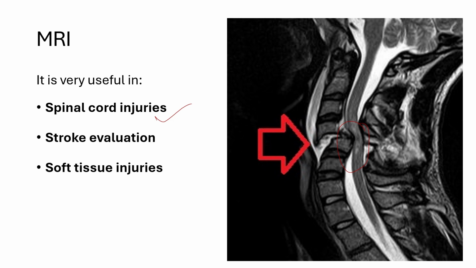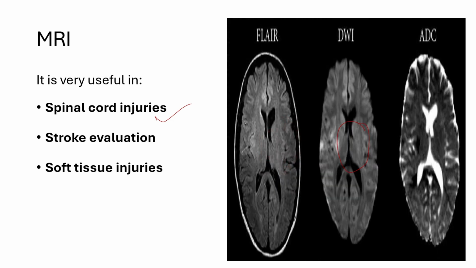In stroke evaluation, in hyperacute and acute cases, CT is not sensitive, whereas MRI is very sensitive for hyperacute and acute infarction. We can see here there is diffusion restriction in this area and a dark area on ADC. This suggests diffusion restriction and an acute infarction.